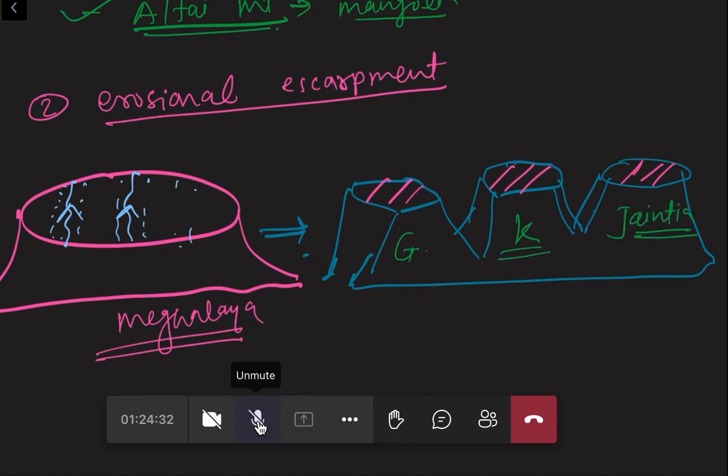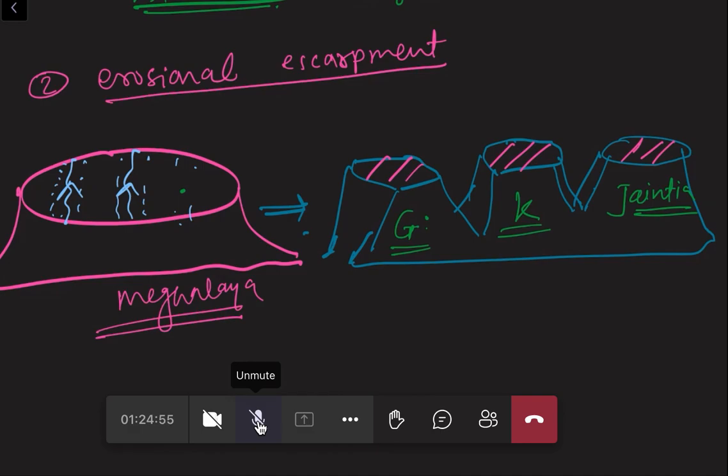So all these three hill ranges were part of a single plateau, the Meghalaya plateau, but later on this plateau was divided into different hills like Garo, Khasi, Jaintia because of the erosional nature of the rivers. Okay. Any doubt in this?